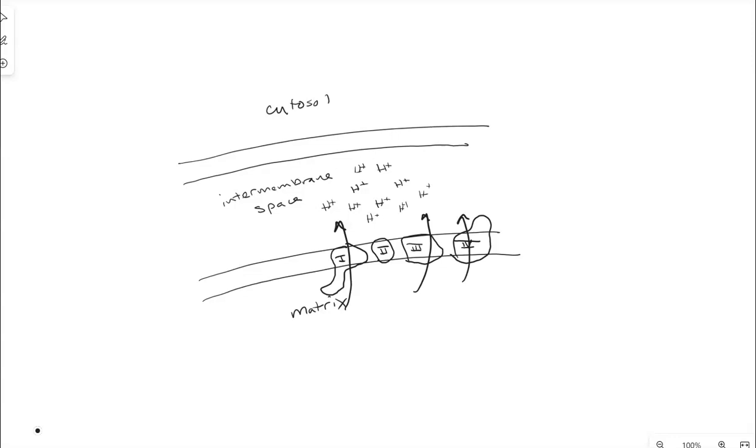And this results in a high concentration of protons, which results in a low pH because pH equals the negative log of the concentration of protons. So if something's more acidic, it has a low pH. And then on the matrix side, we have a low concentration of protons and a higher pH.